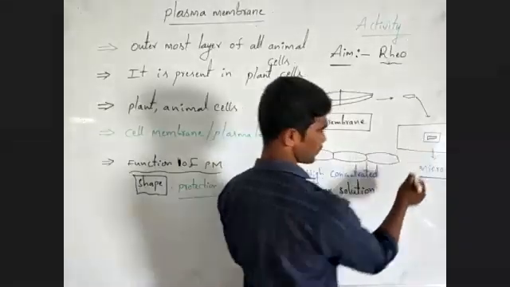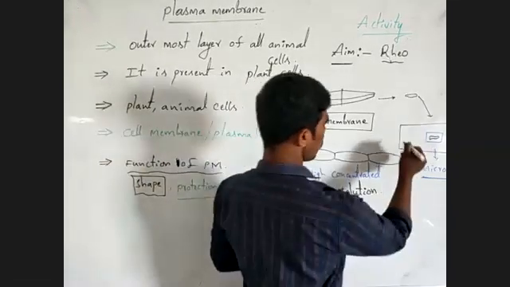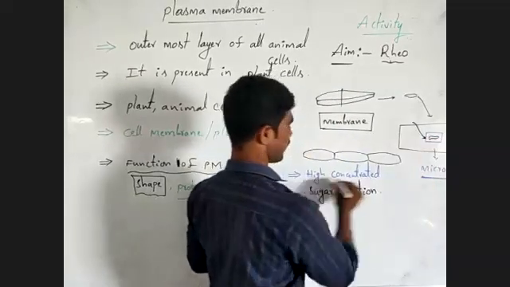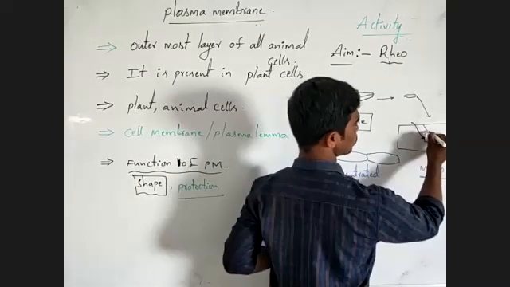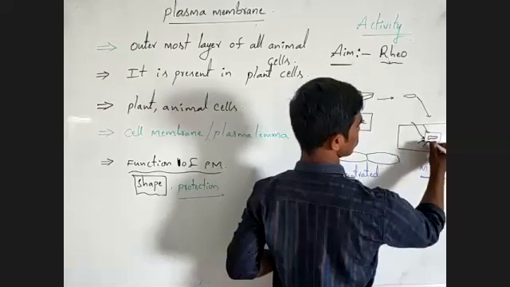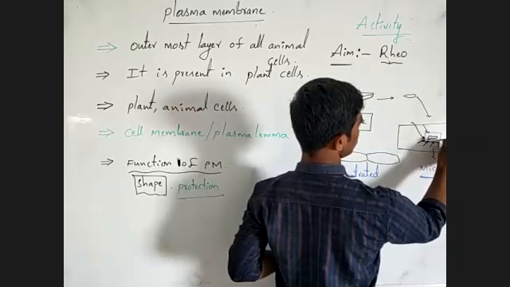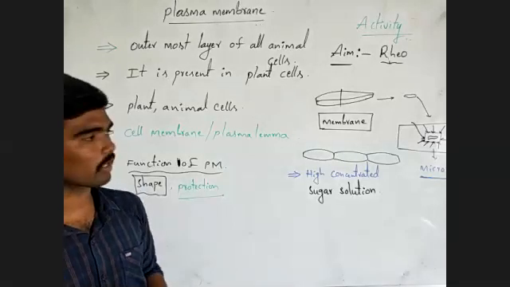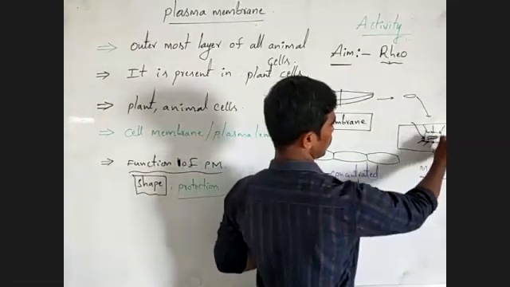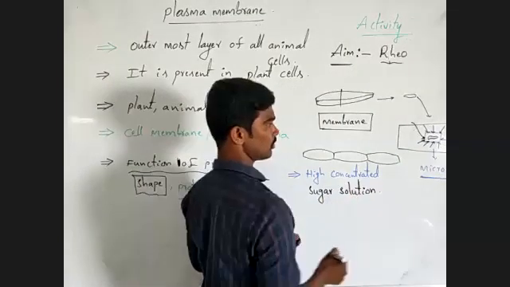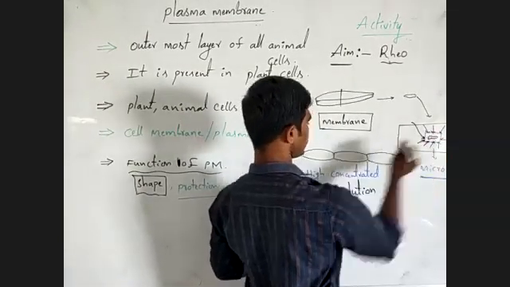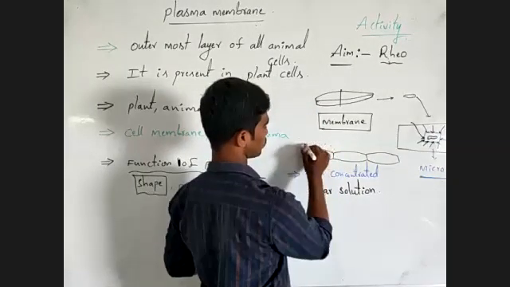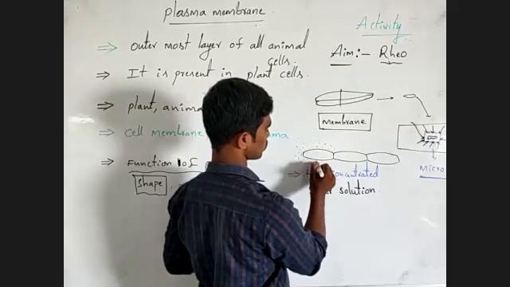Then you have to pour a few grams of the high concentrated sugar solution around our material. When we pour the high concentrated sugar solution around our material, around the cells, like this.